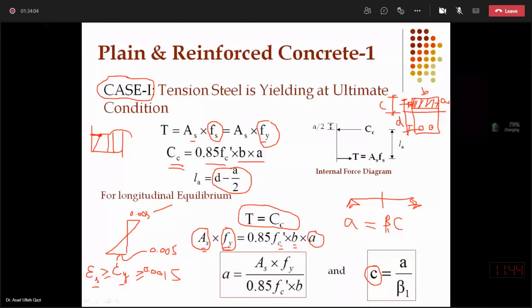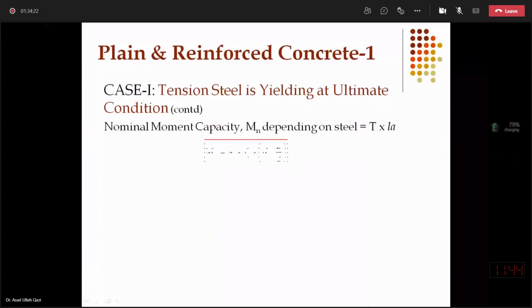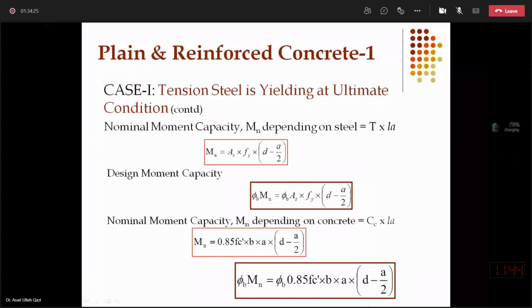So once I got the neutral axis depth with me, now I can write the internal moment resistance equations either in terms of T into lever arm or C into lever arm, because T is equal to C. T is As Fy into lever arm (d minus a by 2).